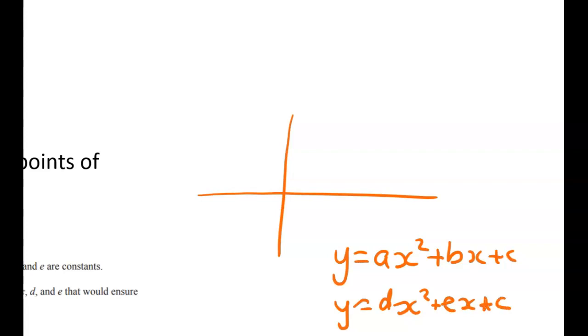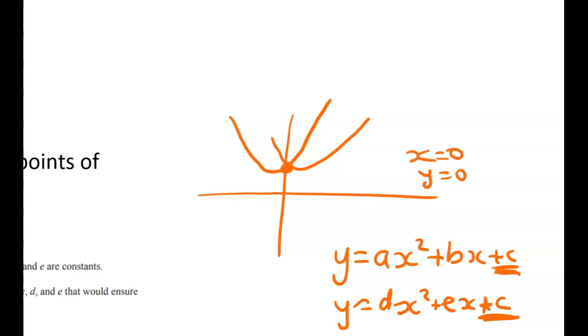Now you didn't have to notice this to get into this question, but as soon as I look at the plus c's, that tells me that I'm working with two parabolas that have the same y-intercept. For example, we might have a parabola that looks like that and a parabola that looks like this. Both of them go through that same point on the y-axis. So when x equals 0, y is equal to c.